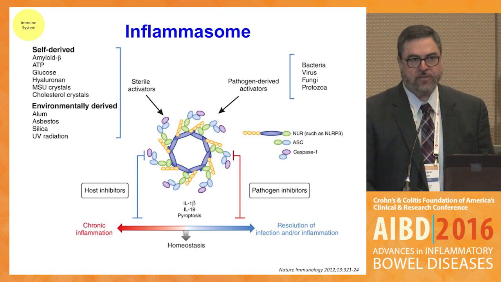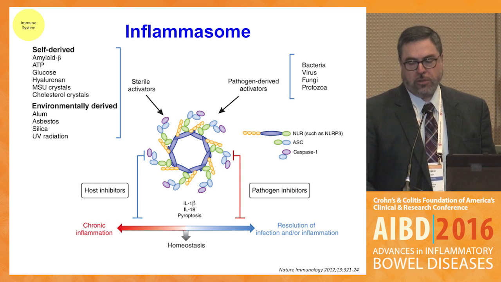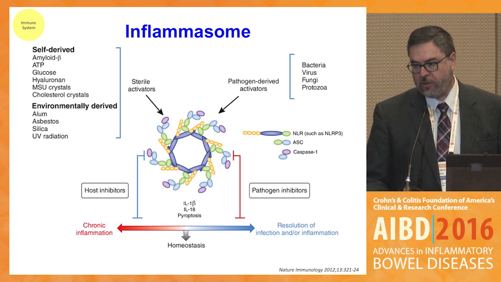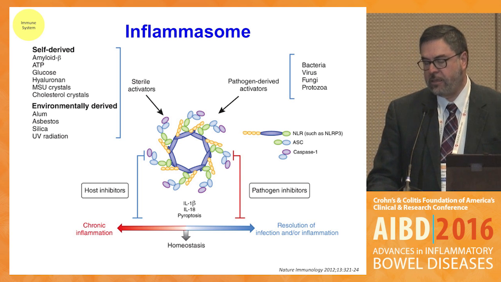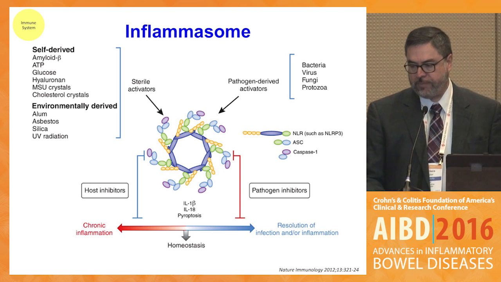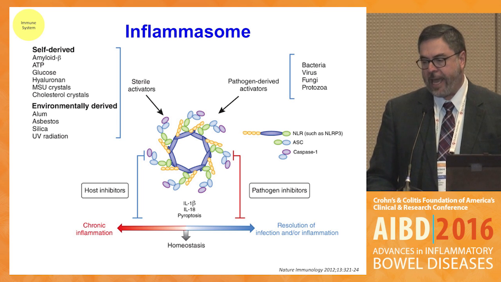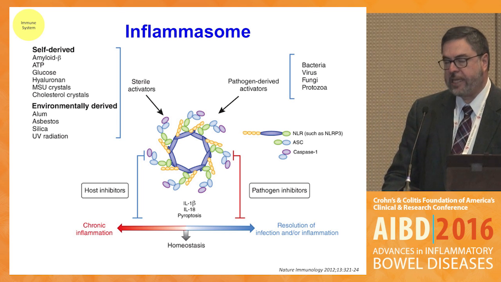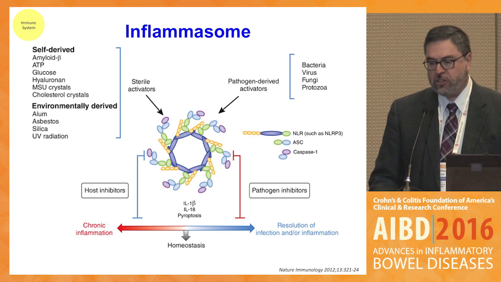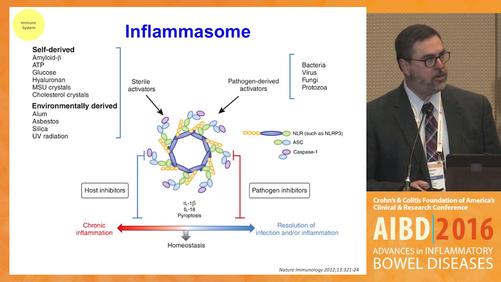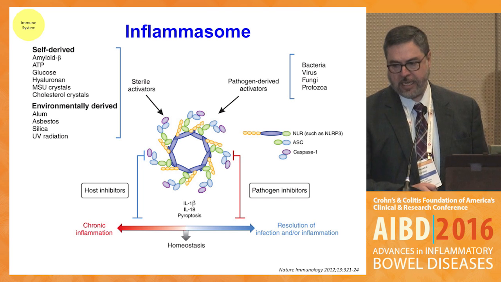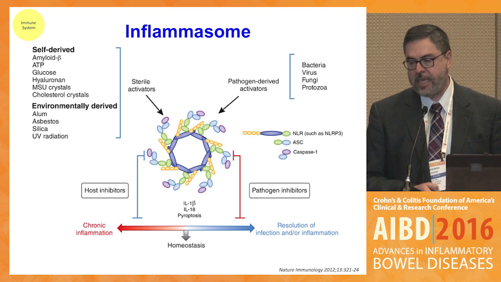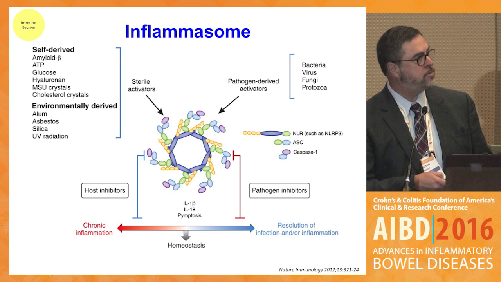So in looking at the inflammasome in more detail, you will recognize that it's composed of different proteins. One protein is an NLR, such as NLRP3. Then there is a component called ASC, and then there is the caspase-based molecule. And as shown here, you have a microbial stimulus, and then an innate stimulus such as ATP, glucose, and others.